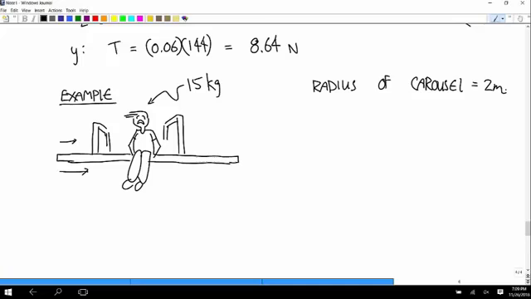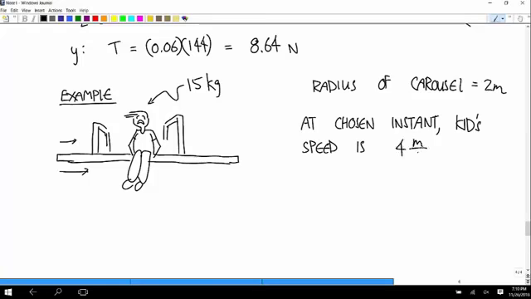And let's say that at the instant that we're looking at, so at this chosen instant, the kid's speed is 4 meters per second, and the kid is speeding up at a rate of, let's say, 6 meters per second squared.